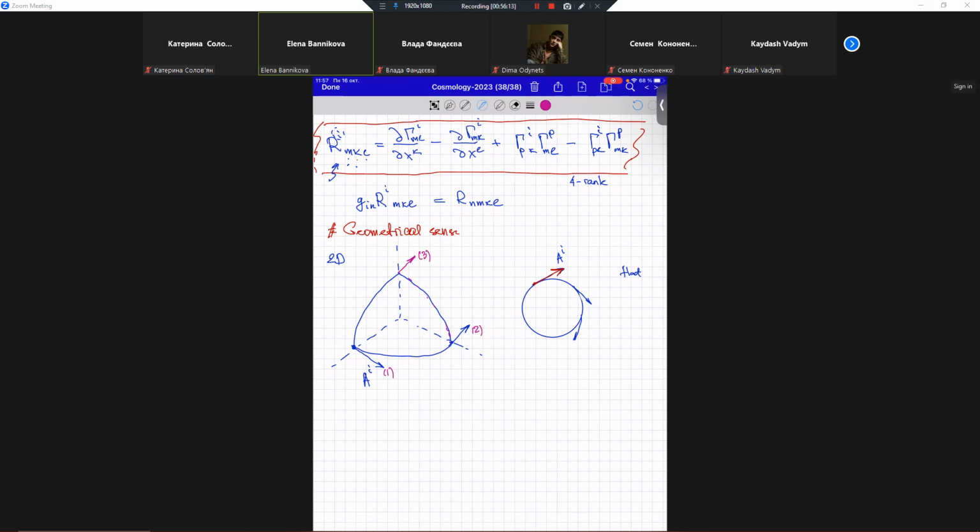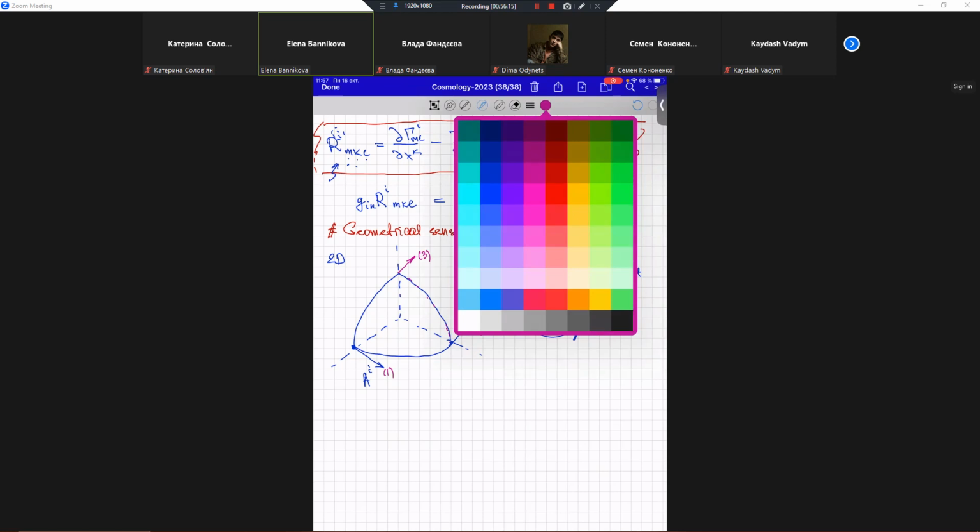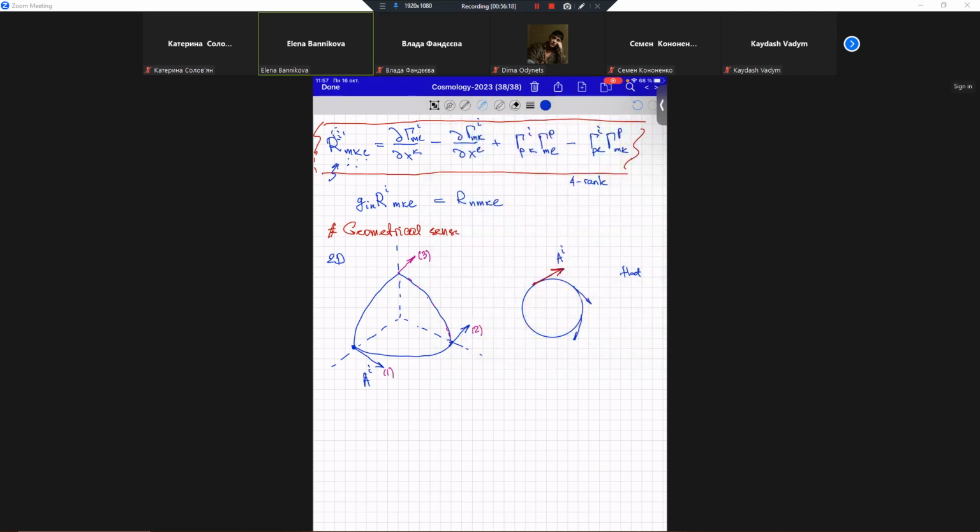And finally, of course, this is schematic, if I pass it from this point, it will come back here. So we can see that the final vector, if we pass it along the closed contour, will not come back to itself.